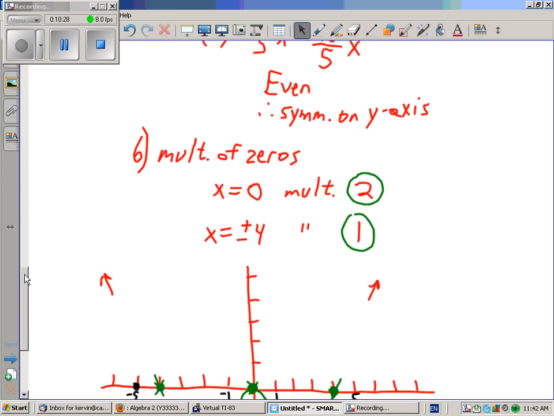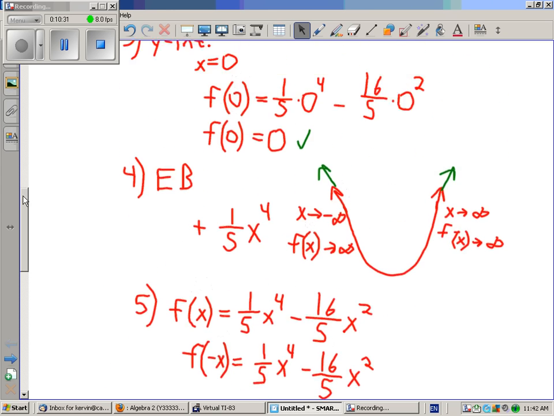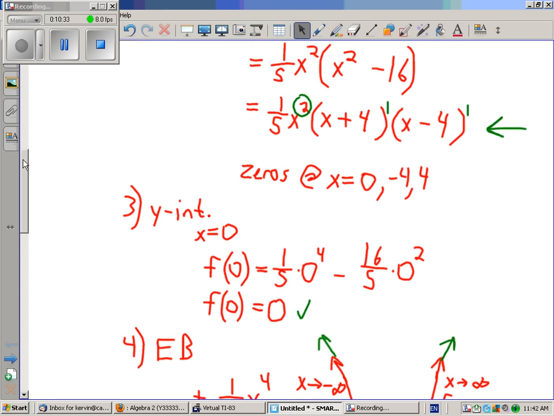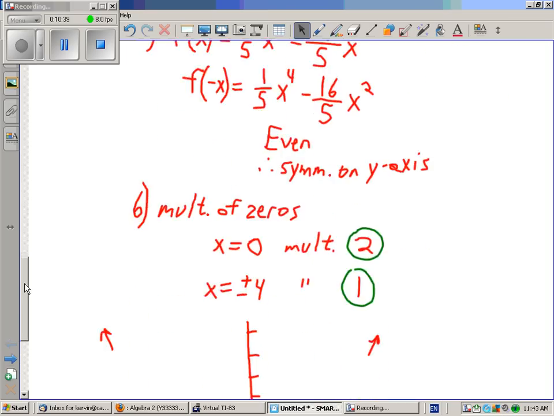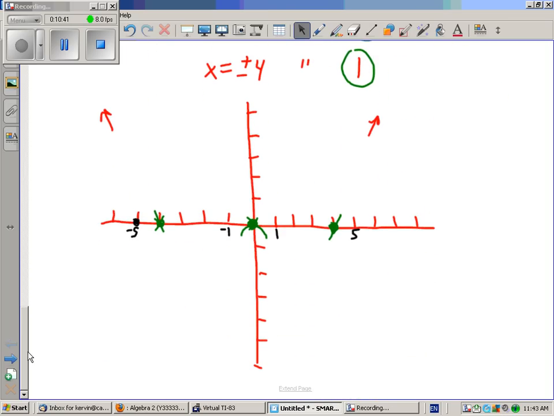So our factored form, going back up, is this right here with the green arrow right next to it. So I'm going to rewrite that down here so that we can reuse it without having to scroll back and forth. It's f of x is equal to 1/5 x squared (x plus 4)(x minus 4).